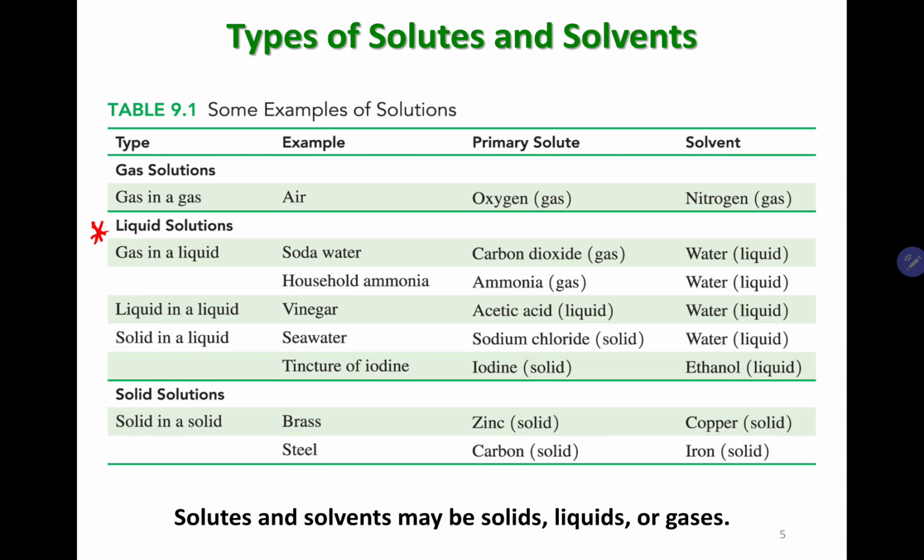Out of the solutes you may have a primary solute and then minor solutes, but the primary component is going to be your solvent, and the rest of the components are going to be your solutes.